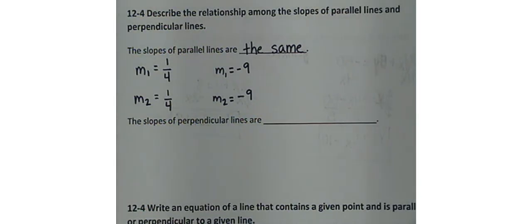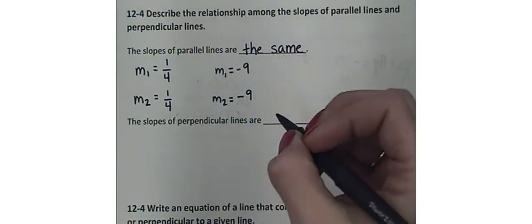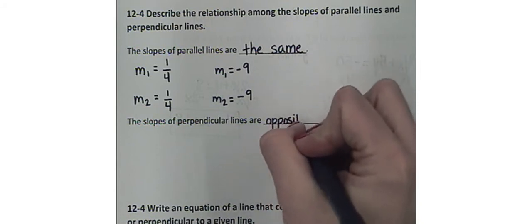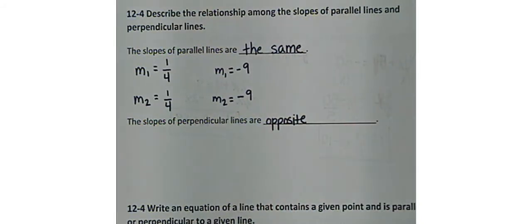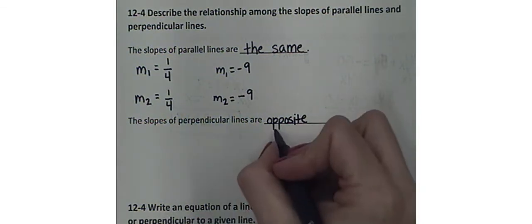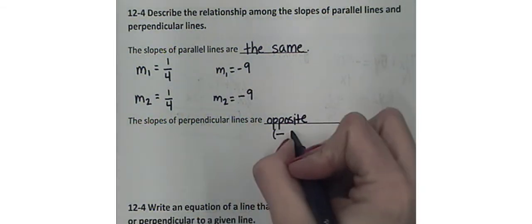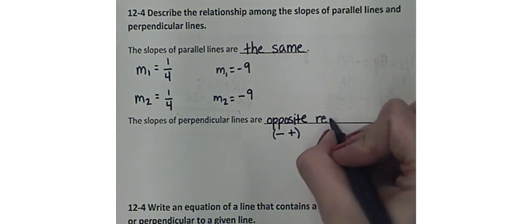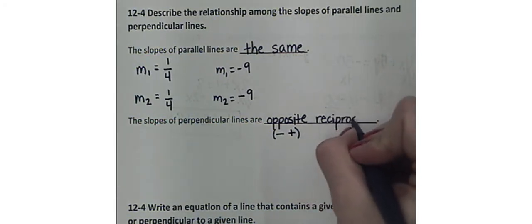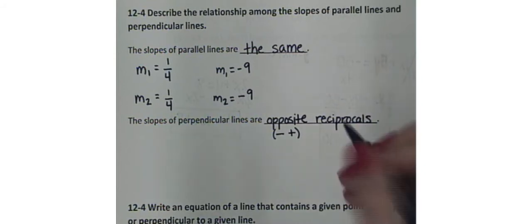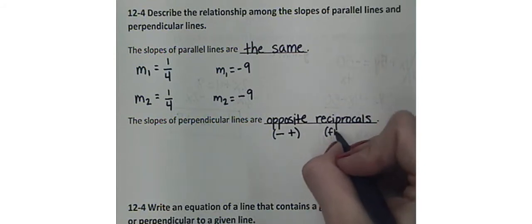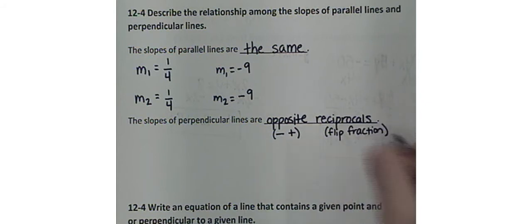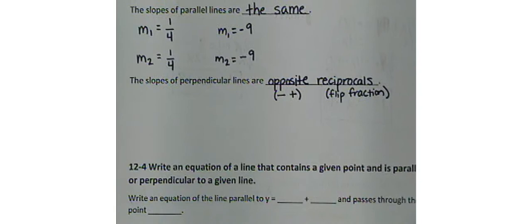The slopes of perpendicular lines are opposite. What does that mean? Opposite signs. So one is a positive, one's a negative. Reciprocals, which means I need to flip my fraction. The numerator and the denominator switch places.